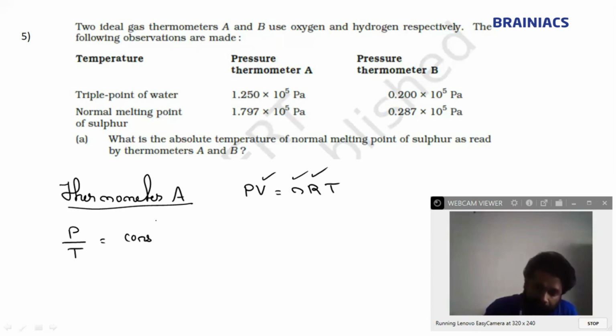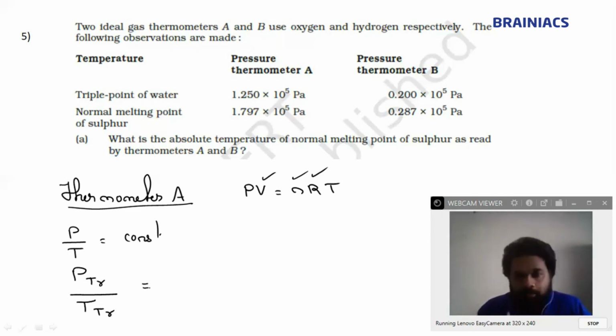Okay. So P by T is constant, and what they have given is first data is triple point of water. So pressure at triple point of water divided by temperature of triple point of water is equal to P by T constant.